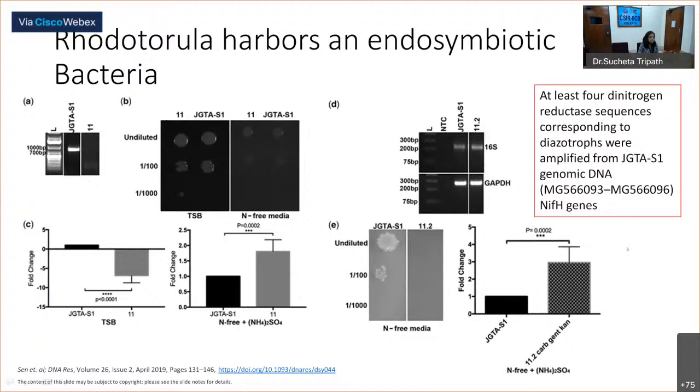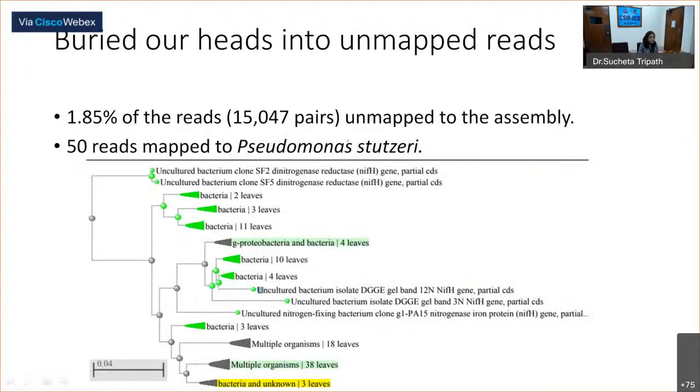And we went back to our genomic study, and as I said, we have done genome assembly, that is joining all the reads that we have sequenced. After this process, we found that there are some reads, some sequences, which are not part of the assembly.